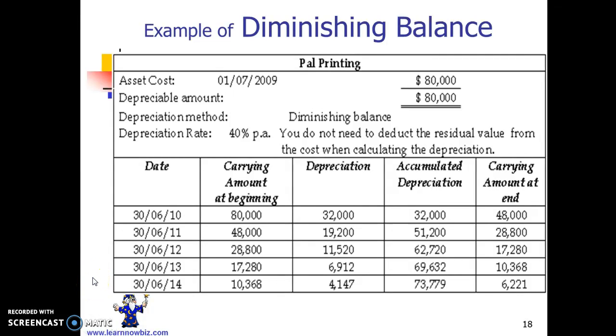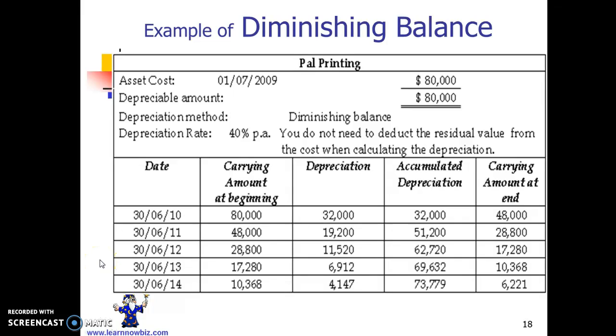Remember, the carrying amount is the carrying amount at the beginning minus the accumulated depreciation. At the beginning of the next year, the carrying amount is $48,000. So what we do, we multiply that by 40% to get 19,200 depreciation for that year.